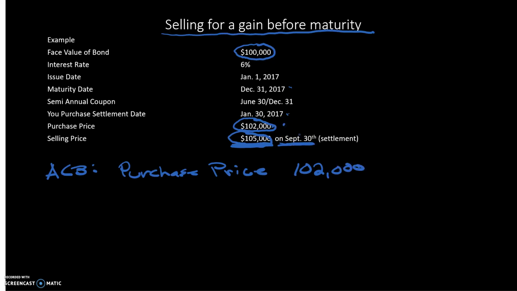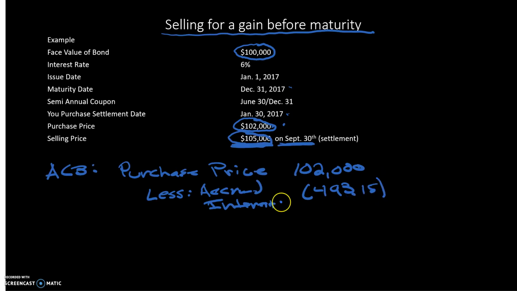From here, just like in the previous examples, we're going to take off accrued interest, which we already calculated, $493.15. So our ACB is going to be $101,506.85, just like in our previous examples with this original purchase price.